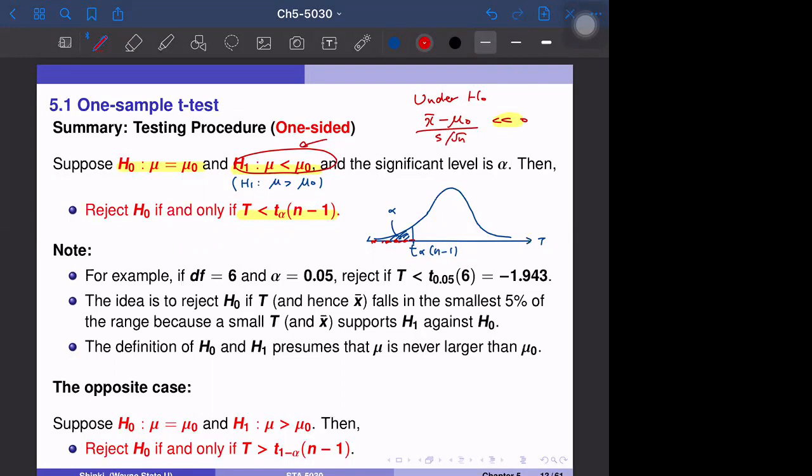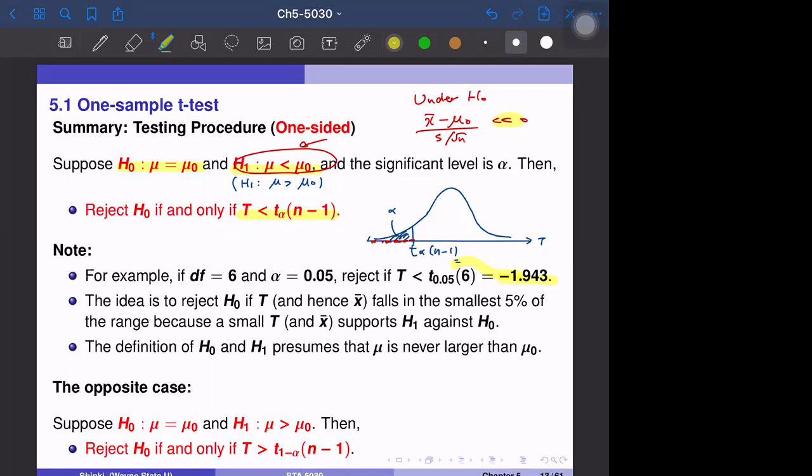Actually, for df 6, this threshold is equal to negative 1.943. So it's a little bit closer to 0, because last time we set the threshold so that the lower tail is alpha over 2 and the upper tail is also alpha over 2.